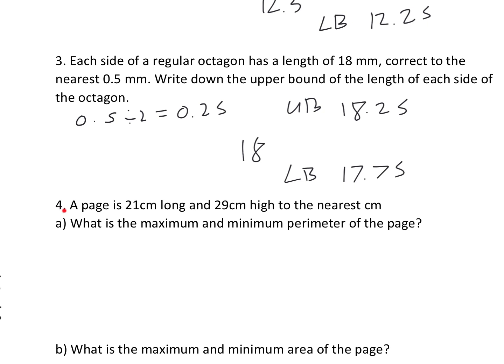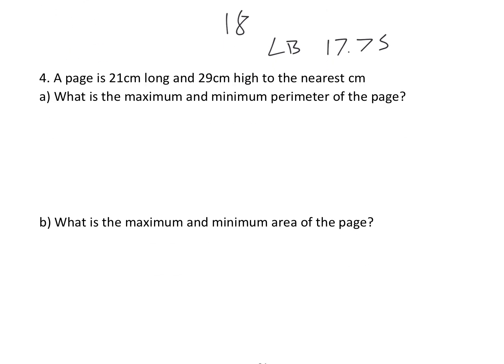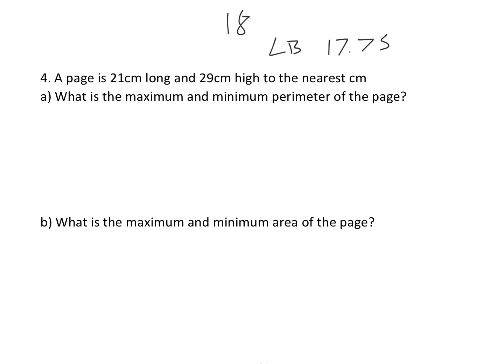Number 4. A page is 21 centimetres long and 29 centimetres high to the nearest centimetre. And we're going to have to work out the maximum and minimum perimeter of the page. So first of all, let's draw our page out. 29 centimetres high, 21 centimetres long.